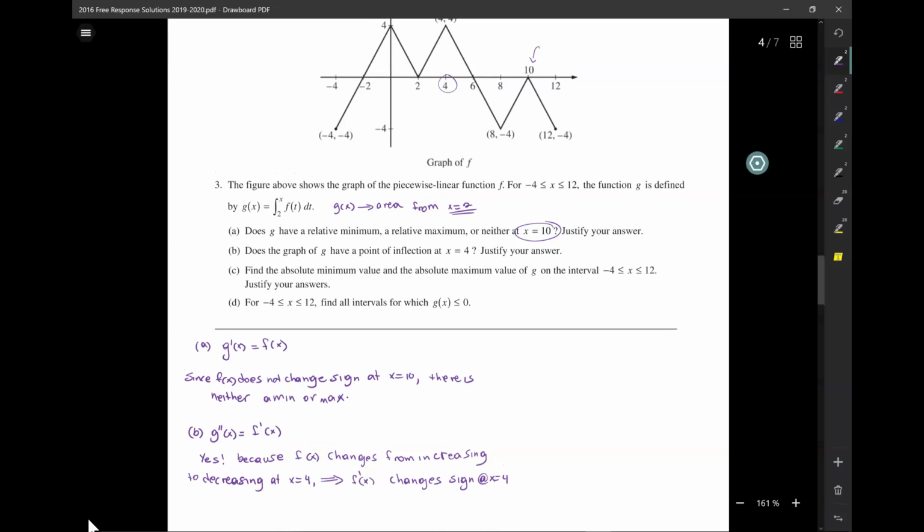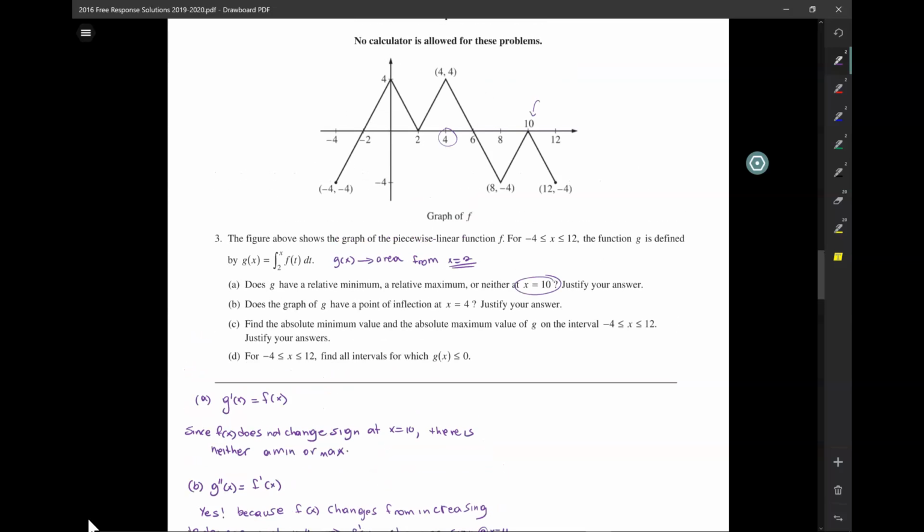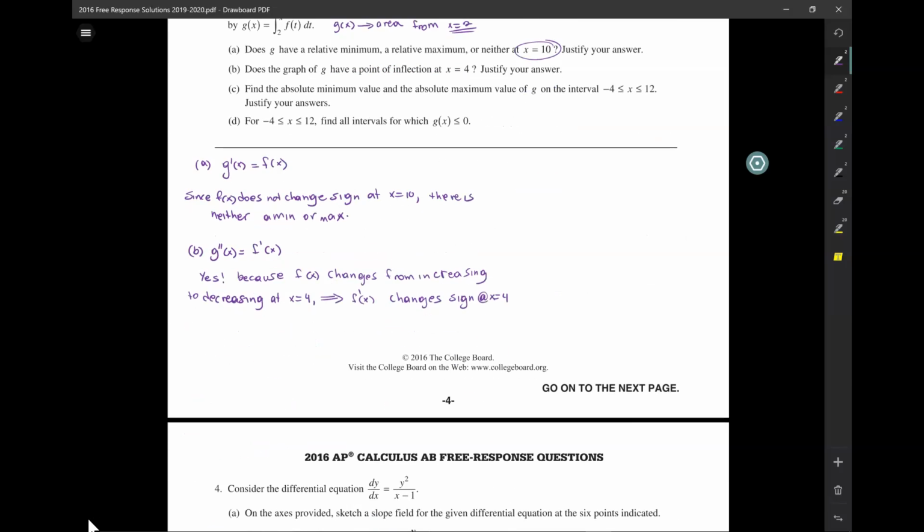Alright? So we didn't just say f prime of x changes sign, because we're not given f prime explicitly. We're given f. How do we know f prime changes sign? Because f changes from increasing to decreasing. So you always got to go from what you have to what you ascertain, right? So this is increasing, changes to decreasing. That means f prime changes sign. That means there is a point of inflection because f prime is equal to g double prime of x. It all has to connect.